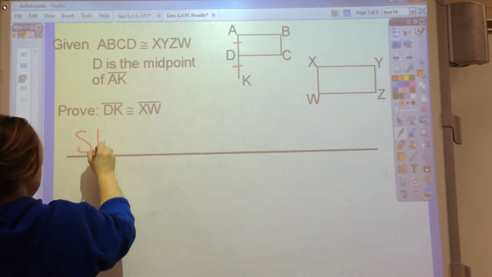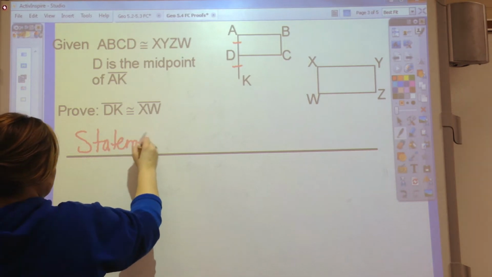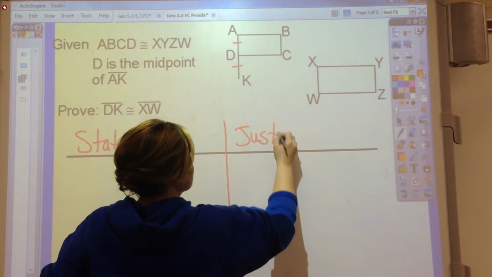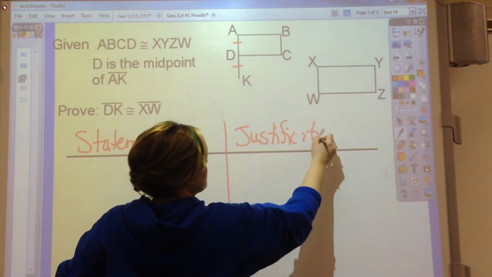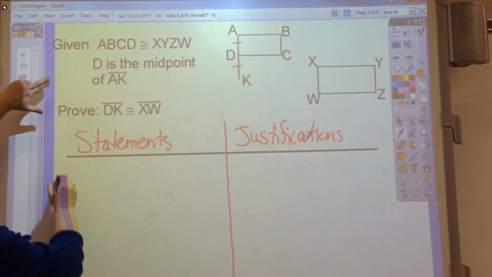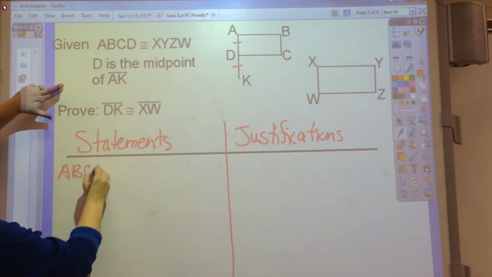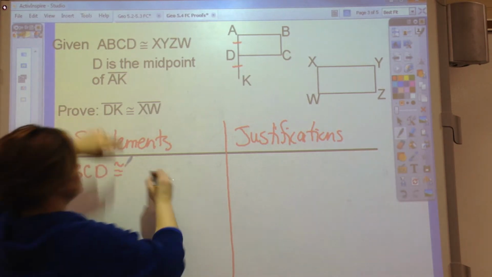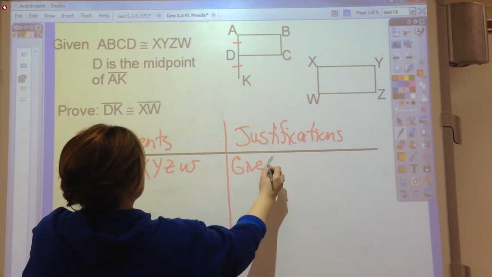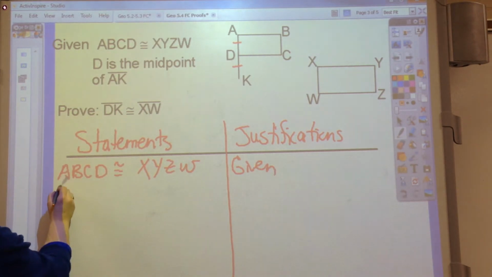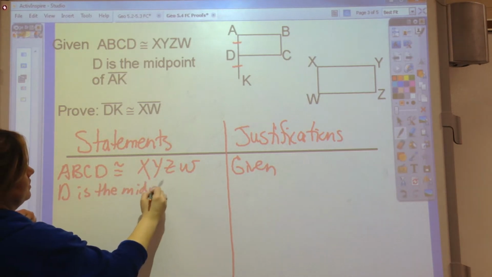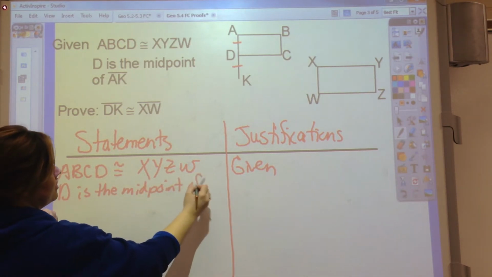So I'm going to go ahead and begin my proof. And I'm going to start with what I'm given. ABCD is congruent to XYZW, given. And D is the midpoint of AK.